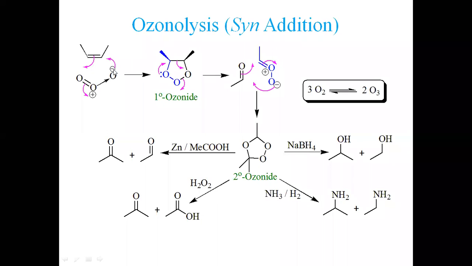As a result, this oxygen, which is electron rich, shall donate this electron pair. This is a concerted mechanism. This carbon oxygen bond formation and this carbon oxygen bond formation are taking place simultaneously, and the bond cleavage between oxygen oxygen and carbon carbon is taking place at the same time.